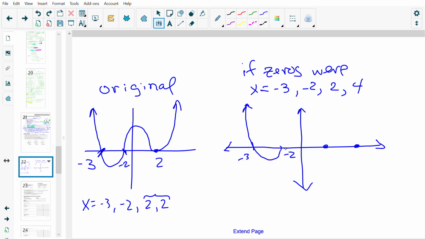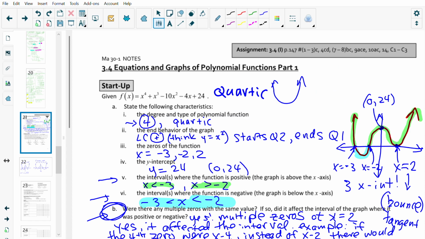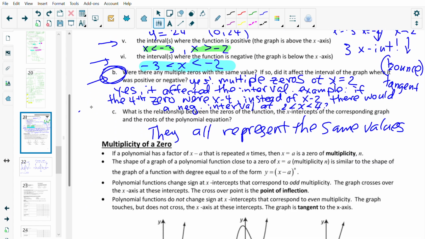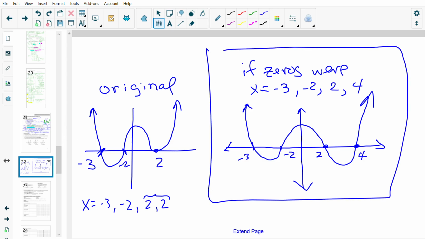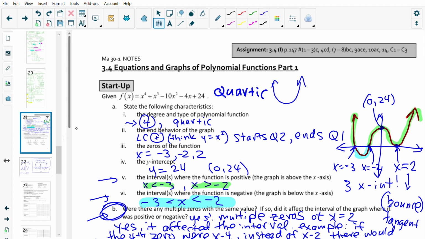So it would look like this. No more bounce, and then it goes through like that. Okay, so in words, this part. Graphically, this is what I mean right here. Okay, hopefully that helps your understanding of that. Okay, let's go back.